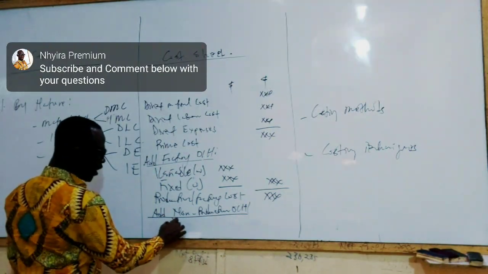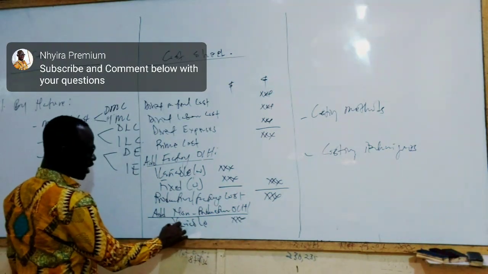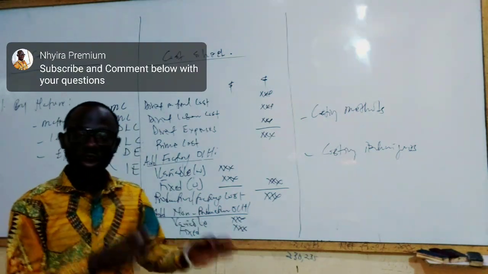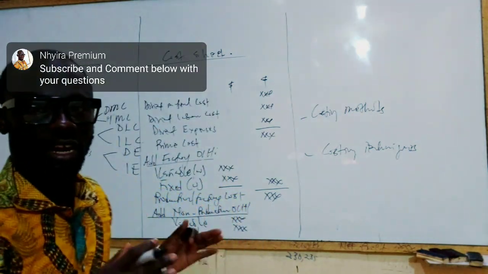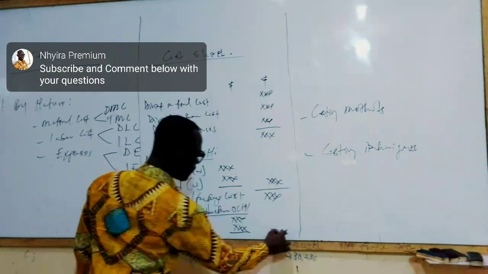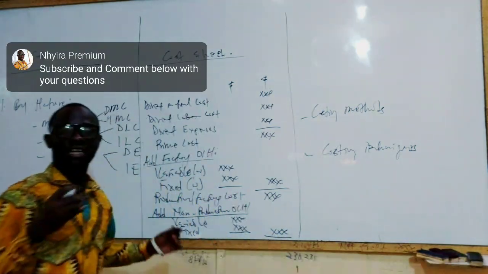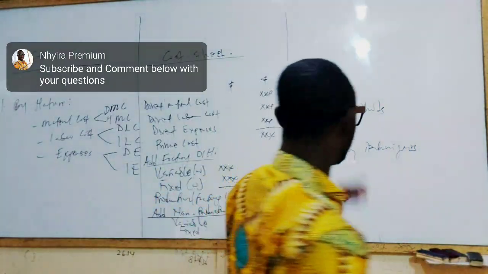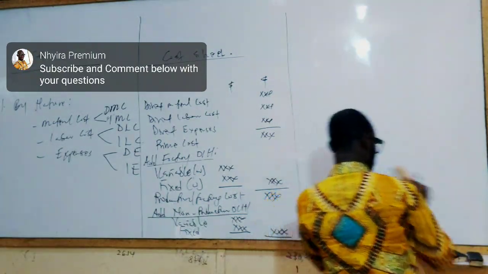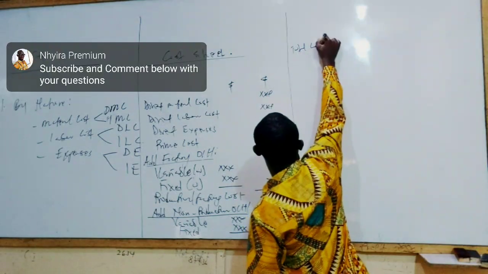We may have variable non-production overheads and then fixed non-production overheads. So we add that to the factory cost, and then we get what is called the total cost of production.